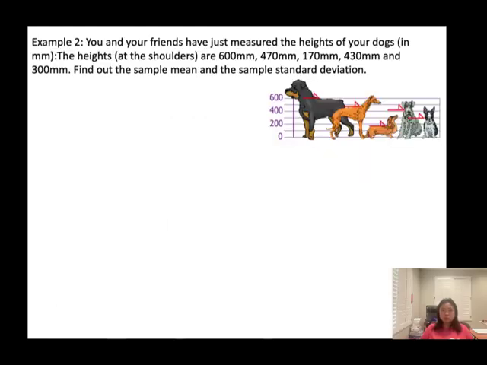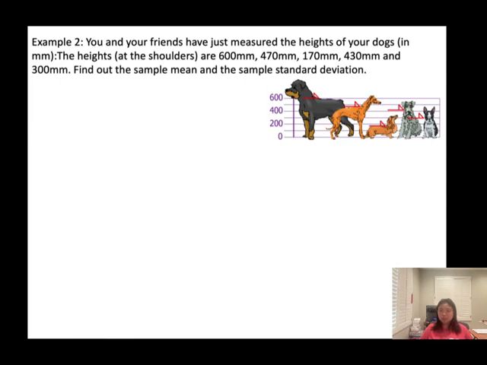Look at this example. You and your friends have just measured the height of dogs. The heights at the shoulders are 600 millimeters, 470 millimeters, 170, 430, and 300. Find the sample mean and the sample standard deviation. Okay, first part, I need you guys to use the formula to find the sample mean.